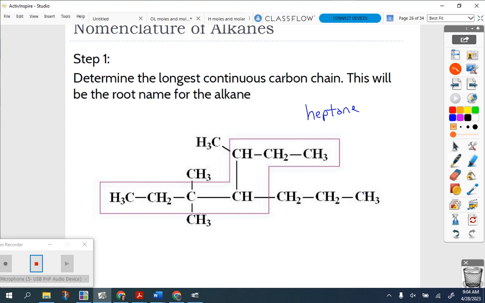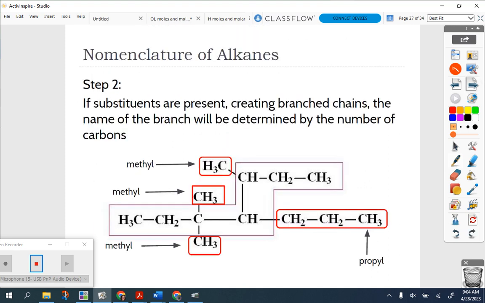But I'm not done because now I got to talk about all the things that are bonded to it, okay? So now I have to figure out the subchains, the branches. And each one of them, I have to identify them as some kind of alkyl group. If it's just one carbon coming off of the main chain, it's a methyl group.